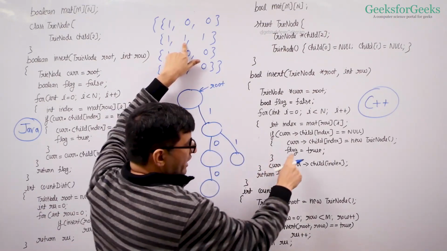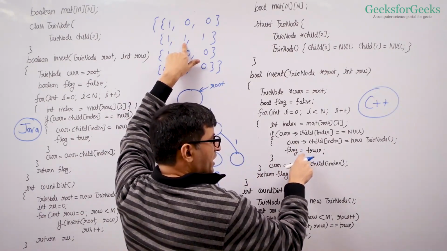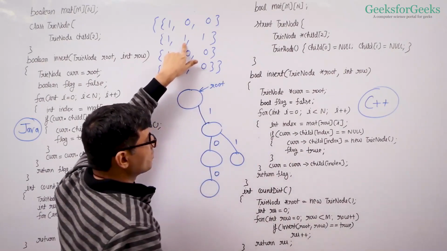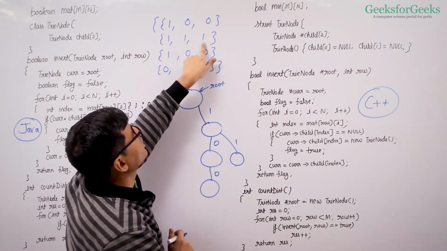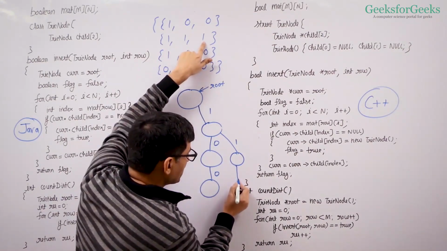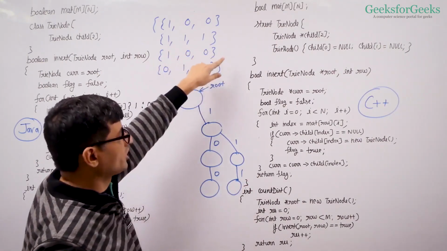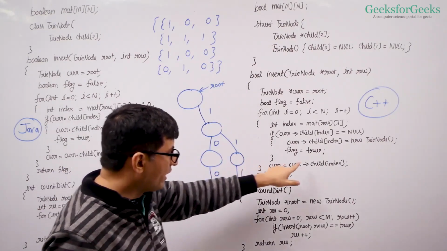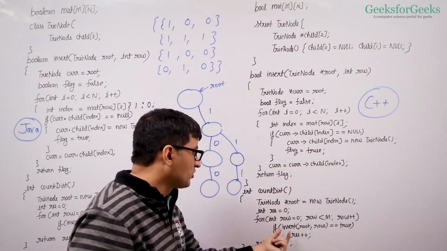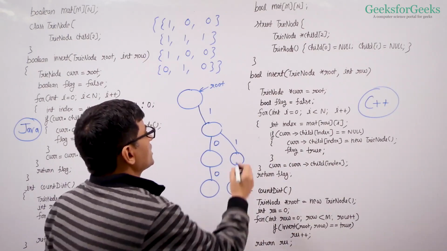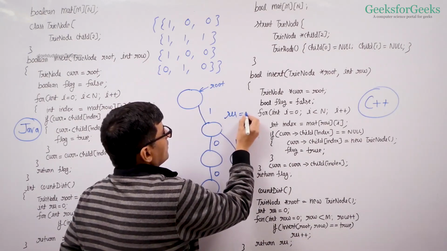And since we went inside this if condition, we also set the flag as true. So we have traversed this row also and we went inside this condition. So insert is going to return true and our result is now going to become 2.